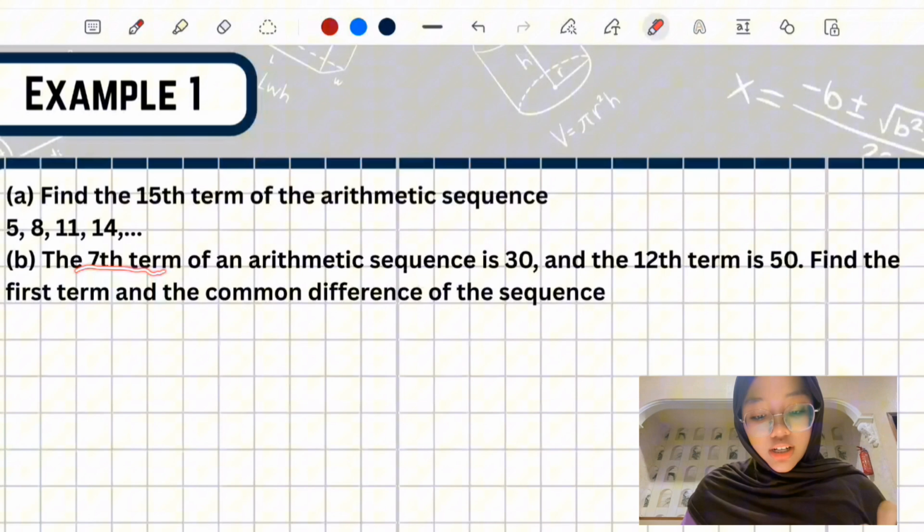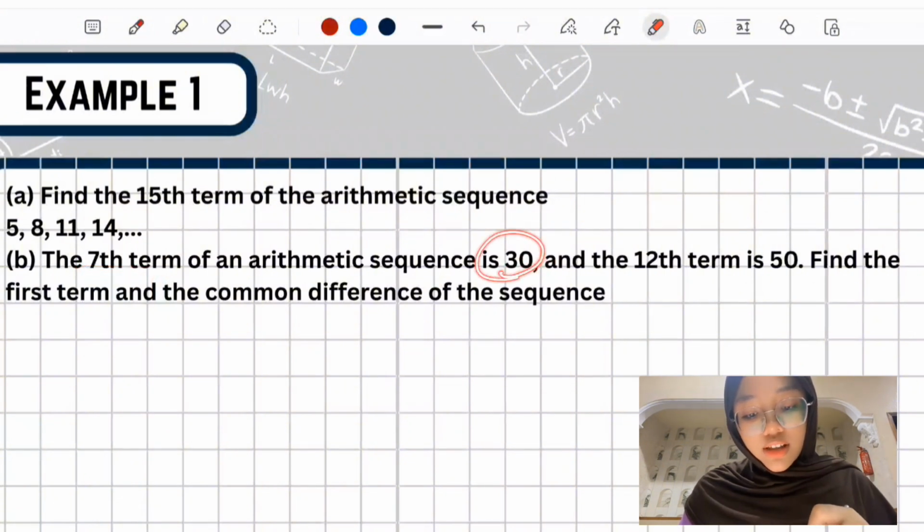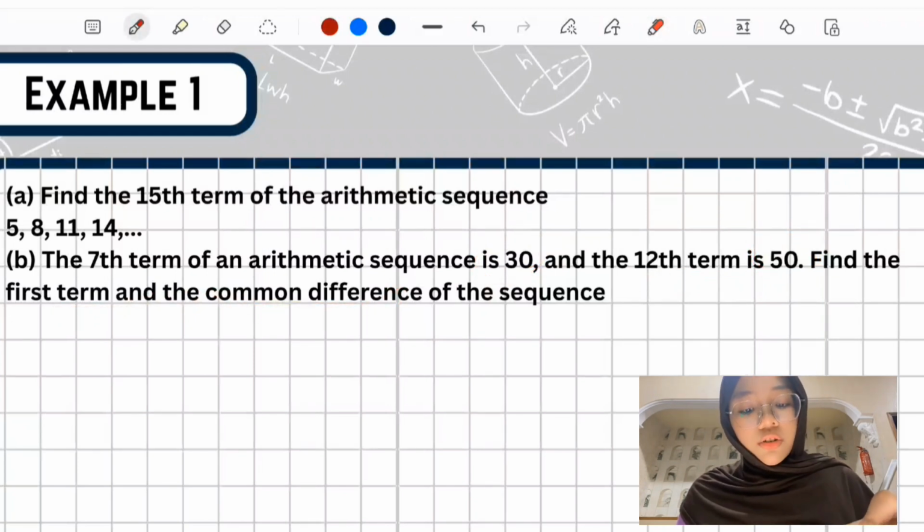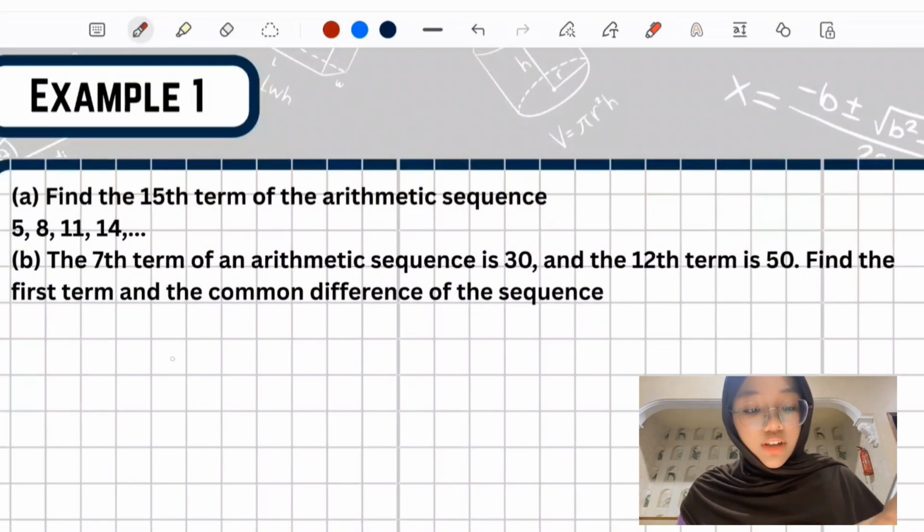For the next question: the 7th term of an arithmetic sequence is 30 and the 12th term is 50. Find the first term and the common difference. We use the formula for each term: the 7th term equals a + 6d, equal to 30.